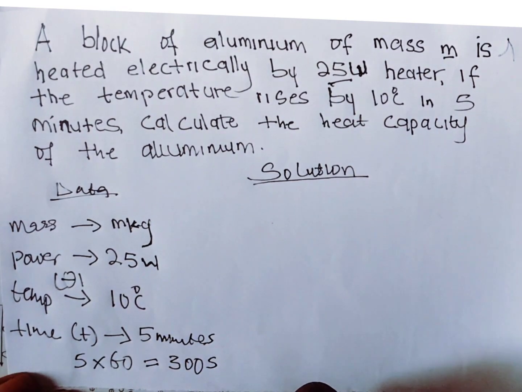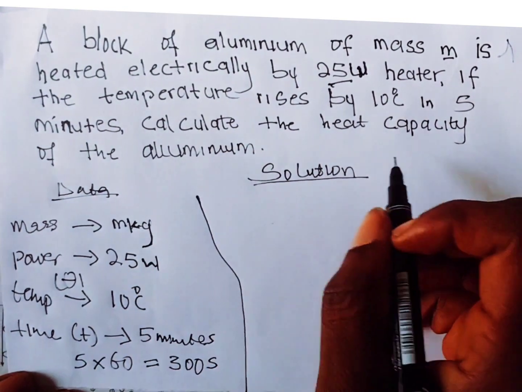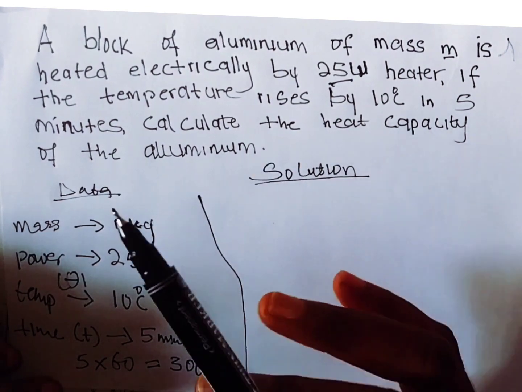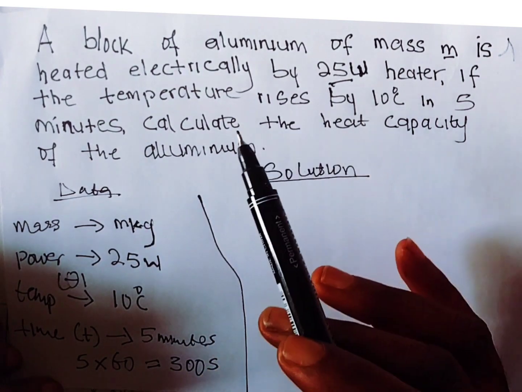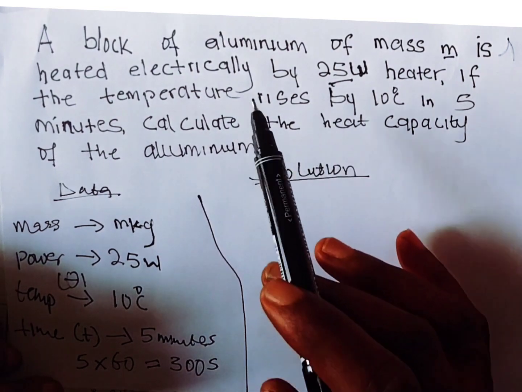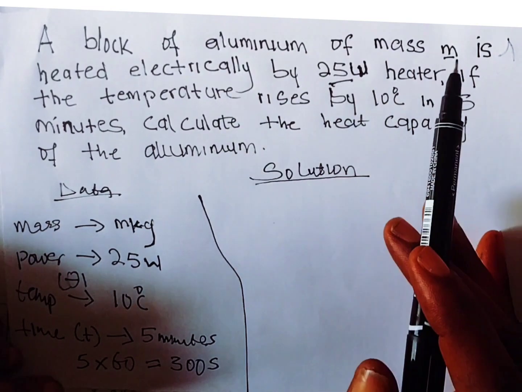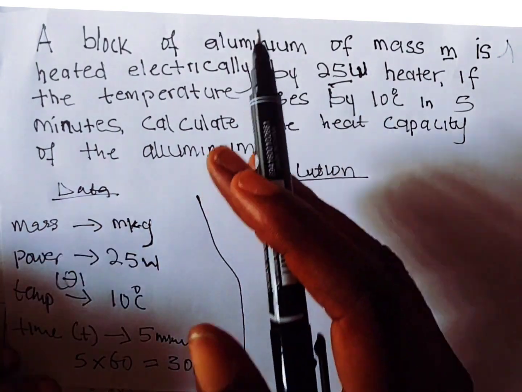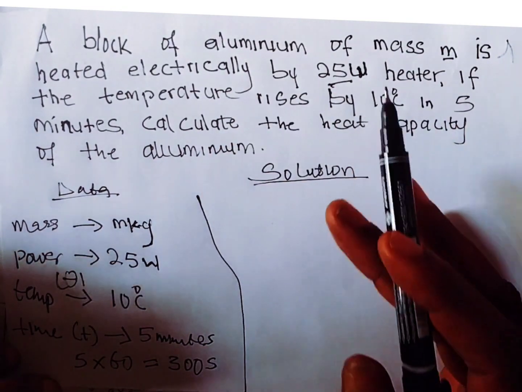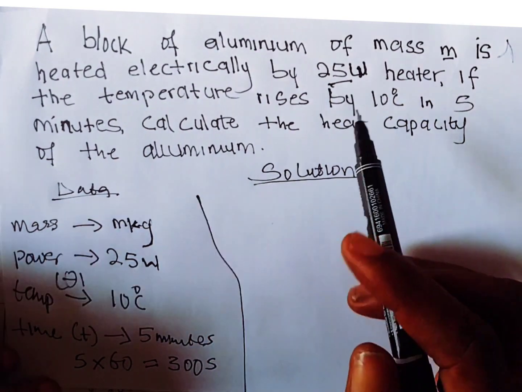Now I want to solve the question. Remember I said earlier that this is the practical application of the theory of energy, which says that energy can neither be created nor destroyed, but can be changed from one form to another, which we simply put as heat gain equals heat loss. Here, electricity, which is 25 watts, is giving heat to aluminium.